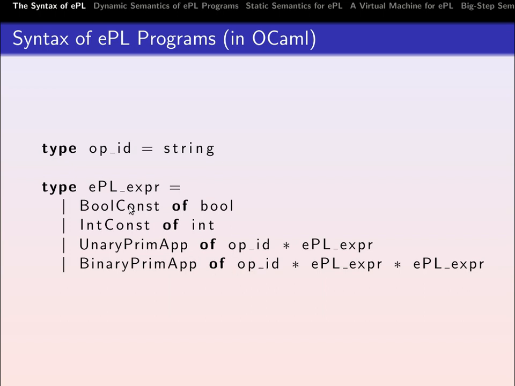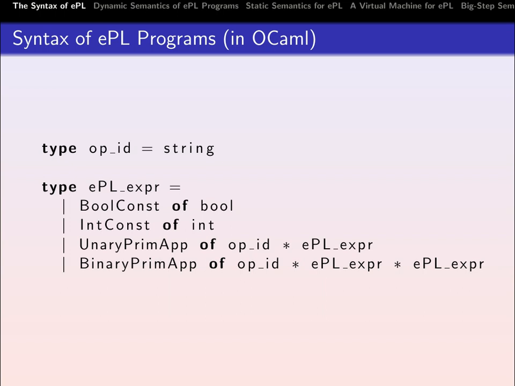So what do we have inside a Boolean constant? The Boolean itself, either true or false. Inside the integer constant, we have the constant value that we read from the expression. A unary primitive operation will have an operator identifier and another expression.